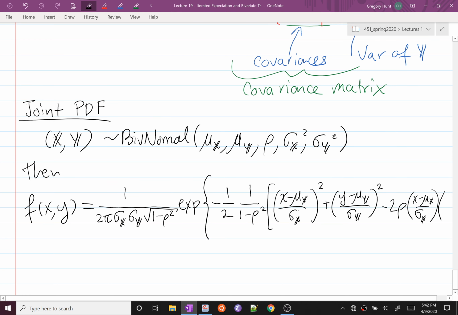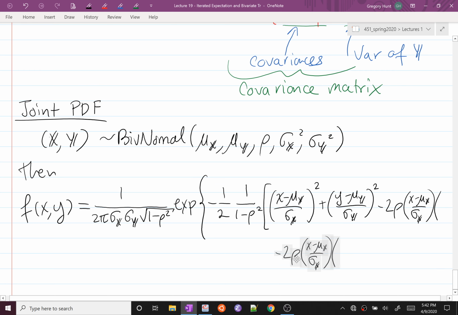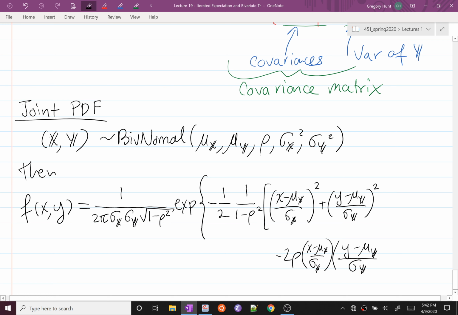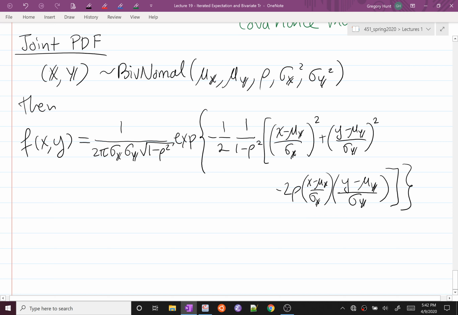I'm going to run out of room here, so let's just bring this all down to a new line. Times y minus mu y over sigma y. Close parens. So that's the PDF.